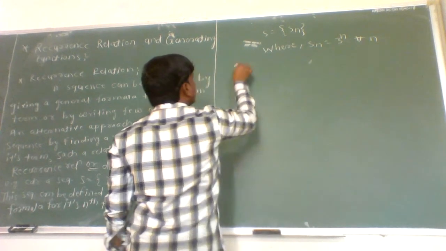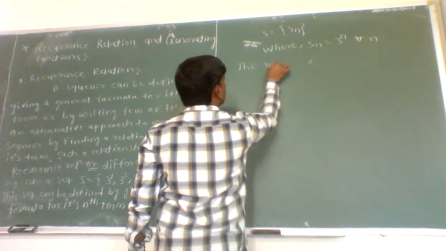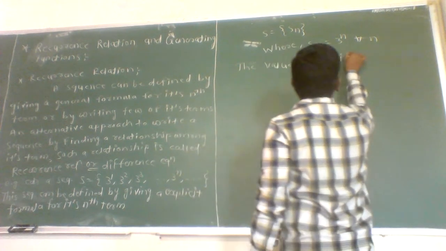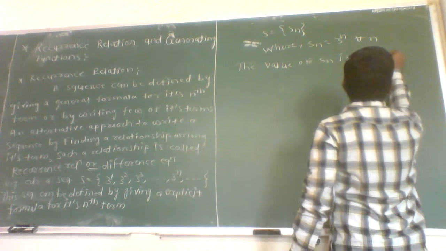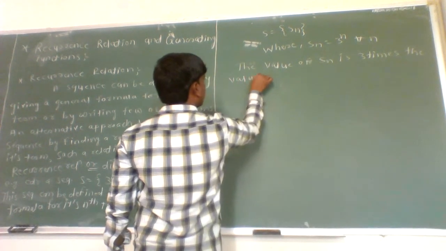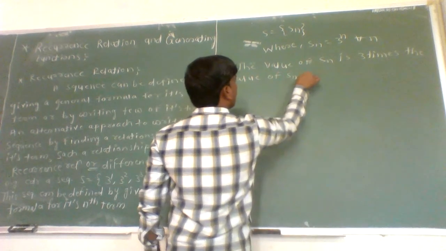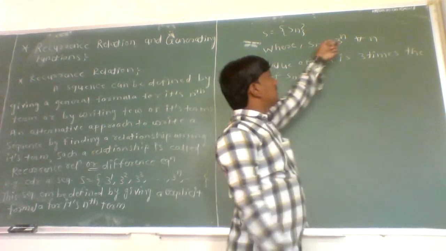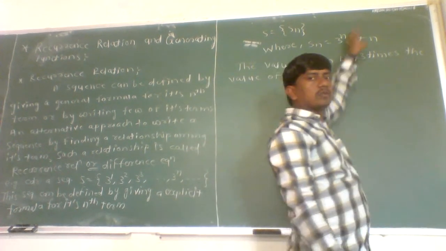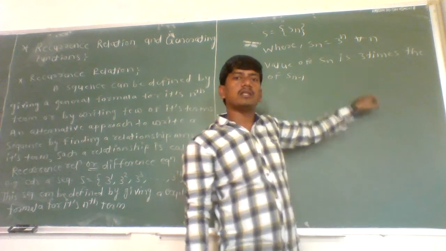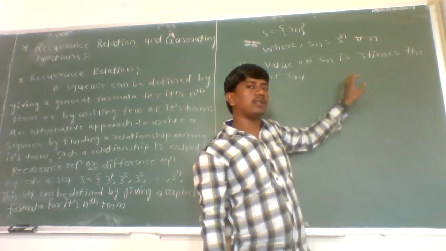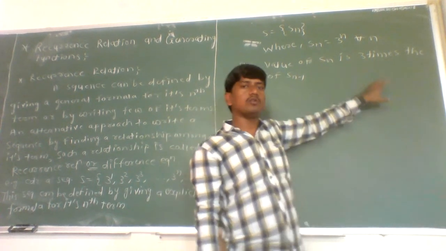Now, the value of S_n is 3 times the value of S_(n-1). According to this sequence, S_(n-1) is nothing but 3 to the power n minus 1. Therefore, the value of S_n is 3 times the value of S_(n-1), because 3 times 3 to the power n minus 1 is 3 to the power 1 plus n minus 1, which is 3 raised to n.